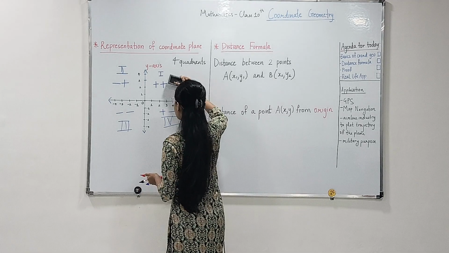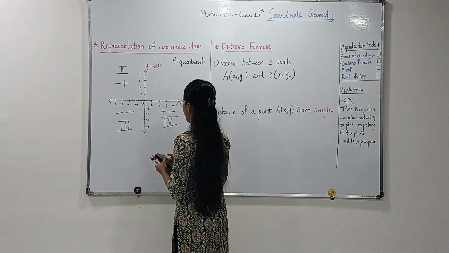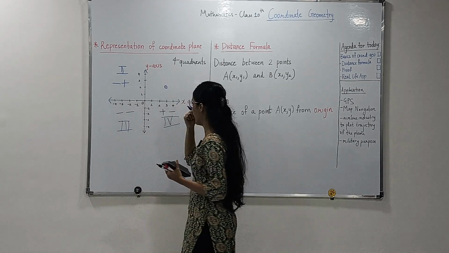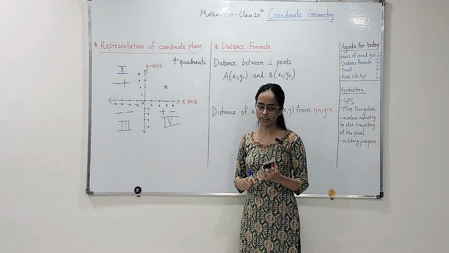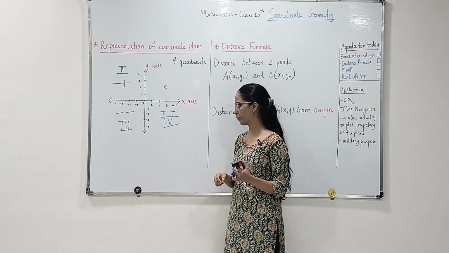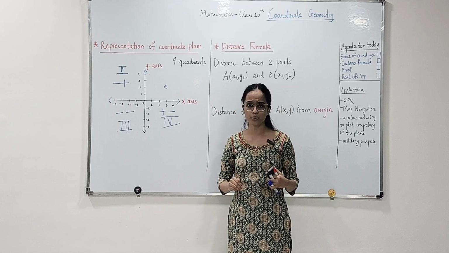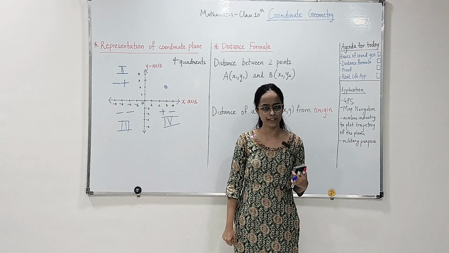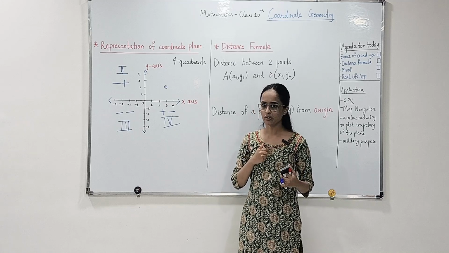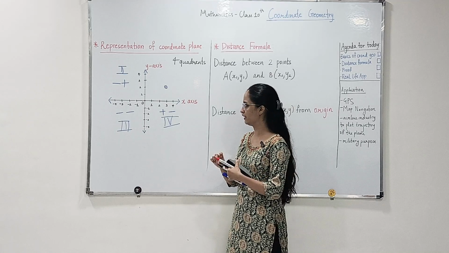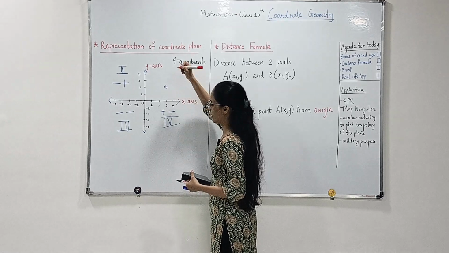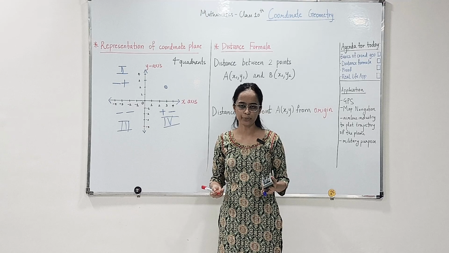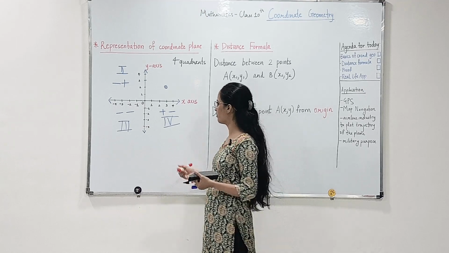Now let's say there is a point over here. I mark a point on the Cartesian plane or on the coordinate plane, and now I want to know what exactly is its position on this coordinate plane. So I would see what is its x value and what is its y value. How exactly am I going to know that?